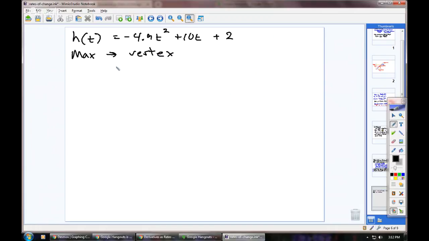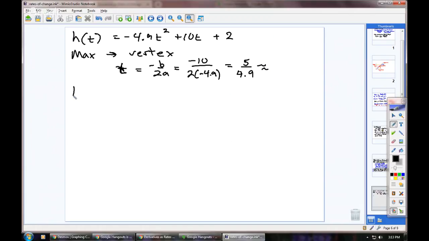And the vertex always happens when, let's see, we're using t not x, when t is equal to negative b over 2a. So here I'm going to get a negative 10 over 2 times negative 4.9, which is going to be negative over negative is a positive. 2 goes into 10 5 times, 5 over 4.9, and then we can approximate that on the calculator in a second. So that's the time we reach the maximum height.